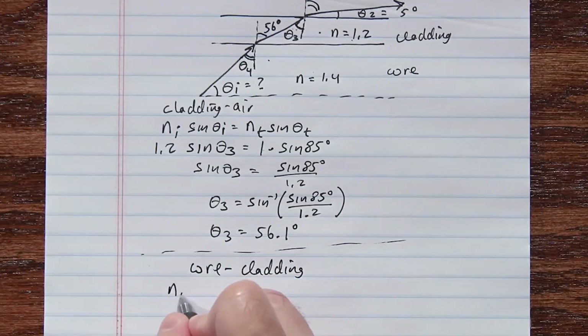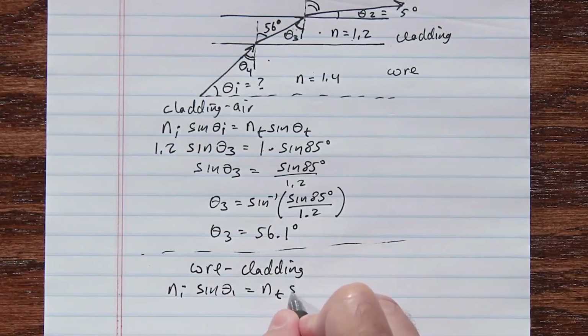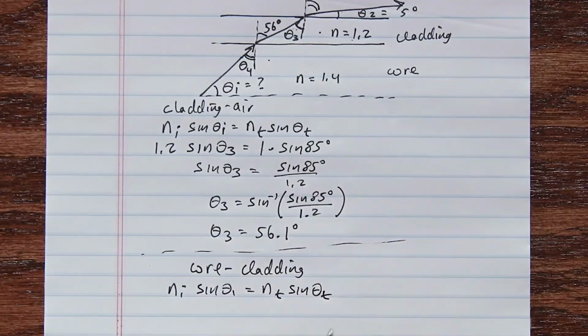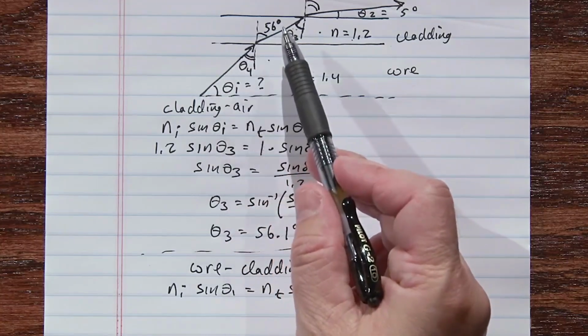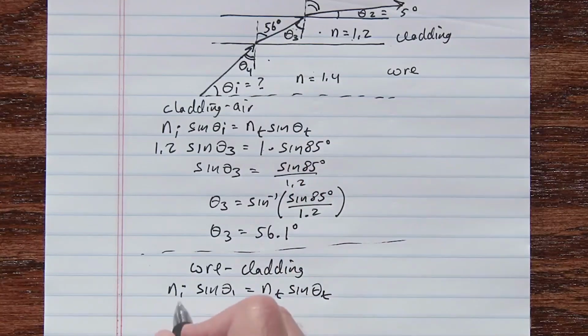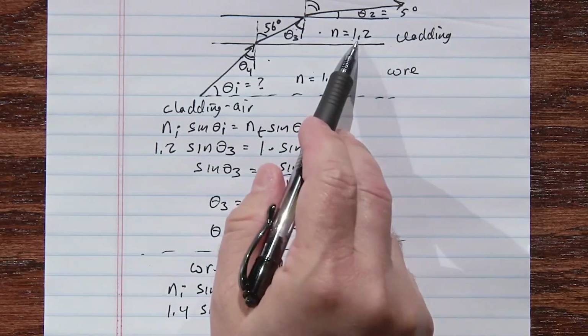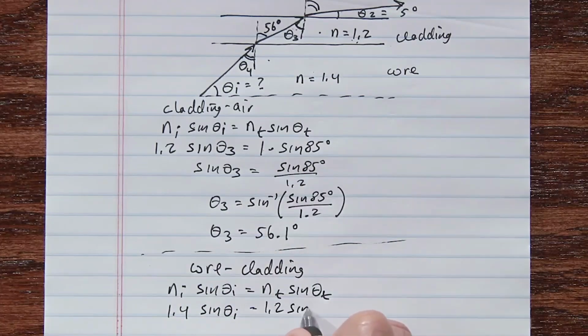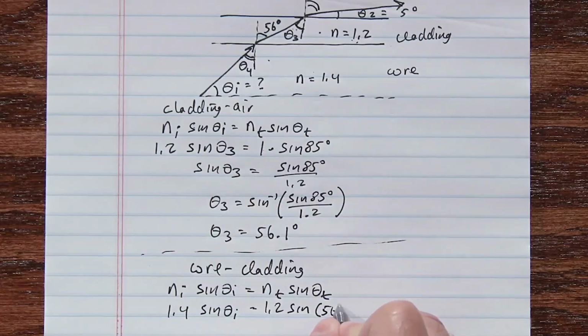And once again, we have N incident sine theta incident is equal to N transmitted sine of theta transmitted. The light beam is incident from the core side and transmitted to the cladding. So N incident is 1.4 times sine of theta incident is equal to N transmitted, that's 1.2, times the sine of theta transmitted, which is 56 degrees, or 56.1 degrees.